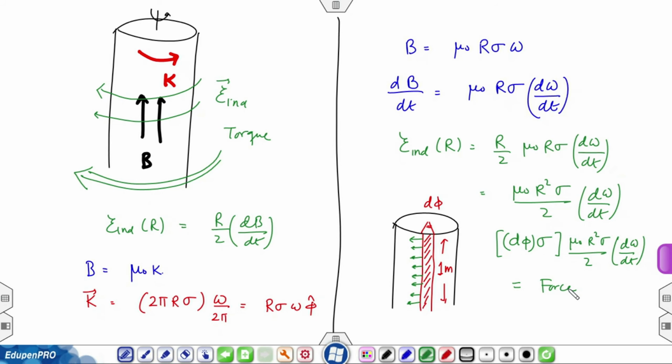So, once I have calculated the force, this is going to create a torque. Torque is going to be r times this force.